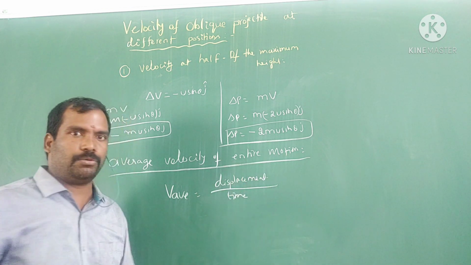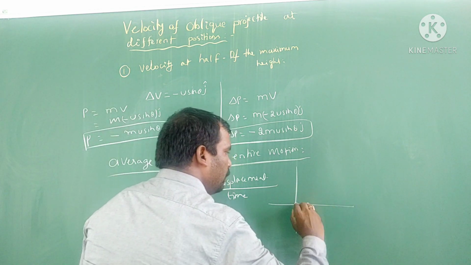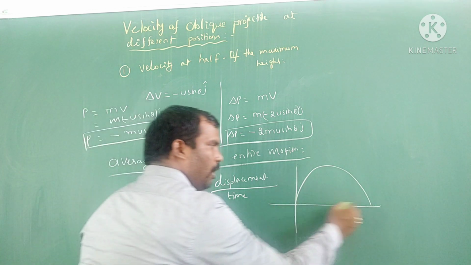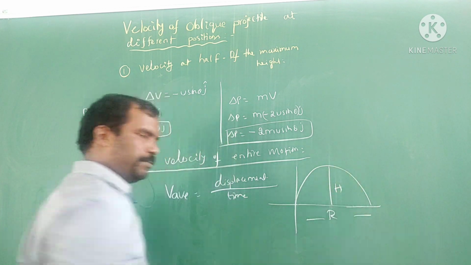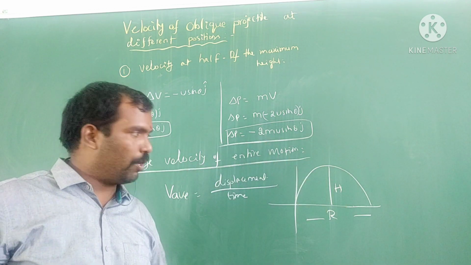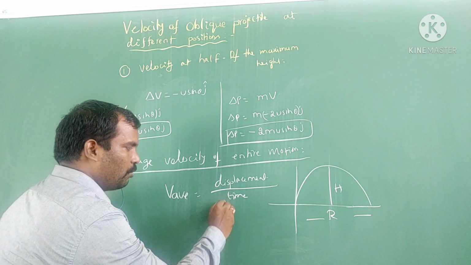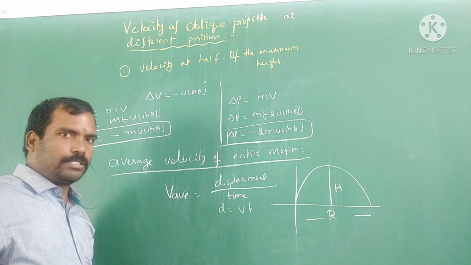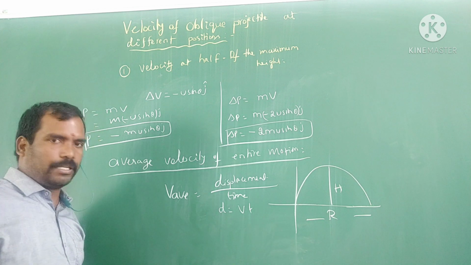In this journey, the body comes down to here. The displacement is the range, the maximum horizontal distance traveled. Now, how much time is taken? Displacement is equal to velocity into time.